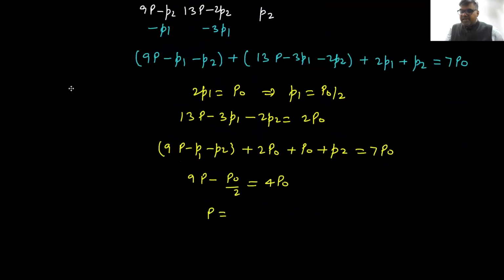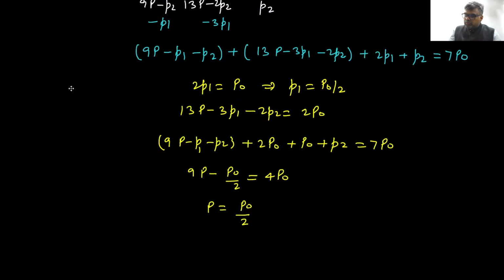From here, capital P can also be calculated. This is basically P naught by 2 again. 9P will come out to be 9P naught by 2. So this is P naught by 2 now.